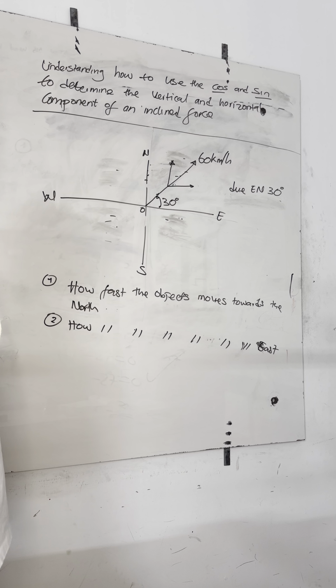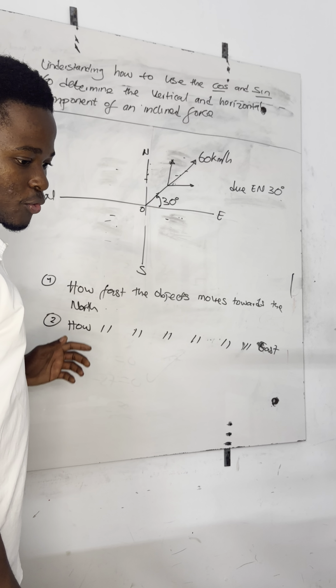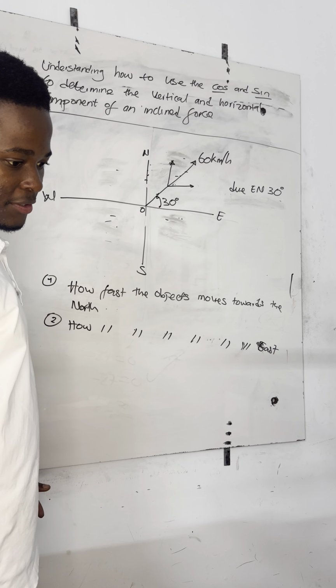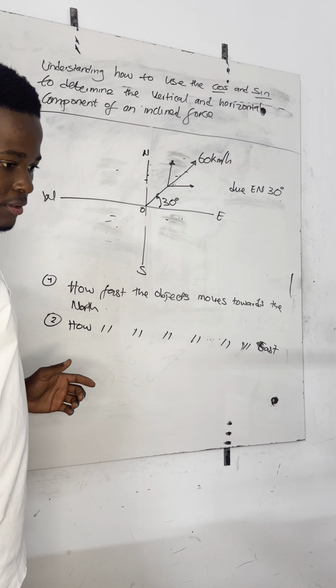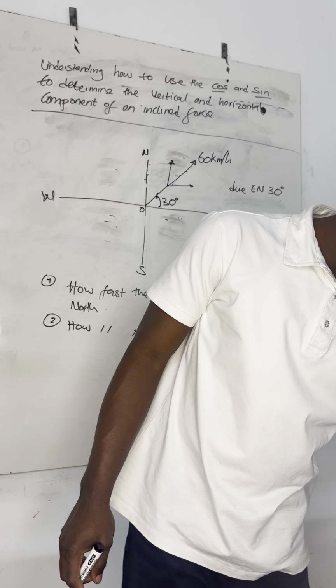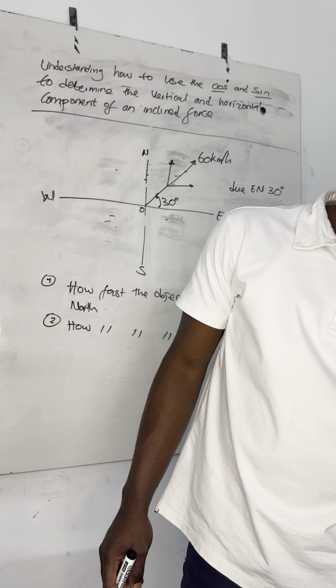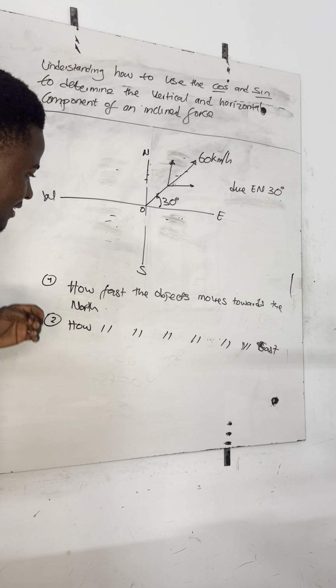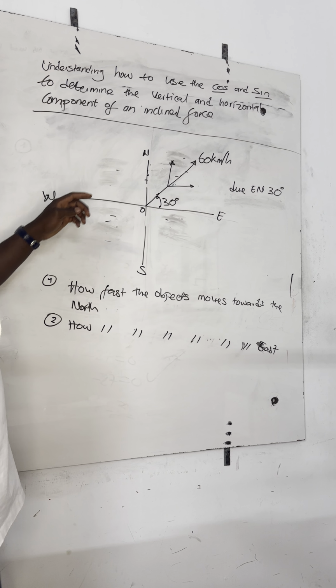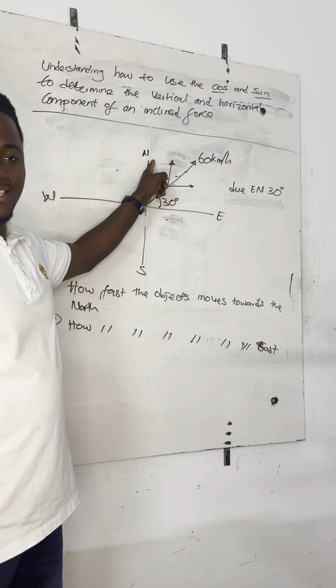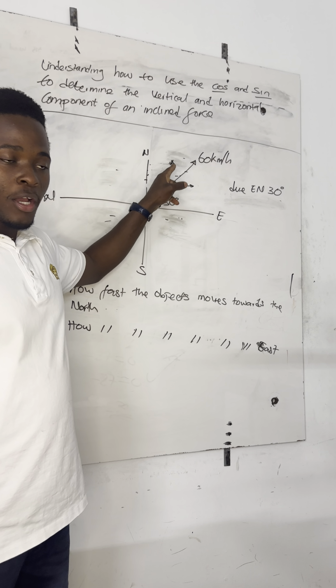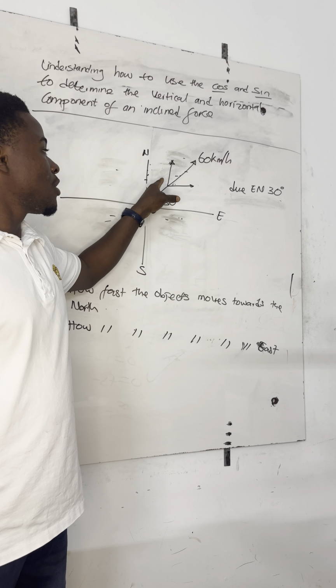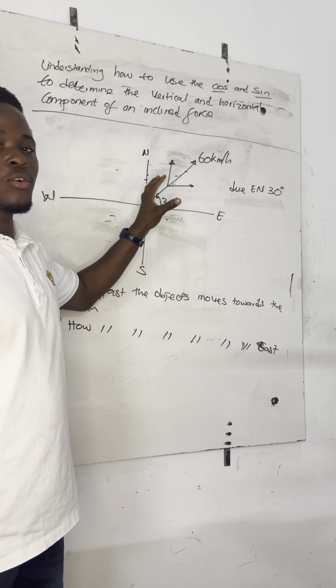Now, for you to calculate something like this, you actually need to understand that for us to get the y-axis for this plane, we actually have to use the sine or the cosine rule.